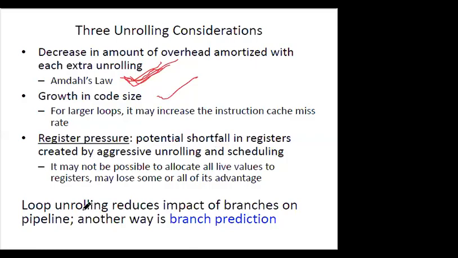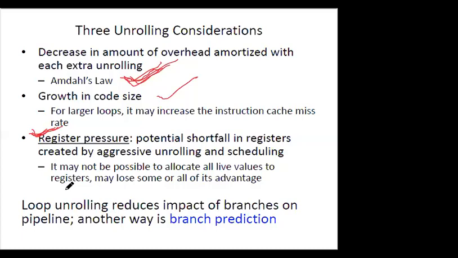So it has an impact or a pressure on the registers in the architecture. Loop unrolling reduces the impact of branches on the pipeline, but much of the branching cannot be handled by loop unrolling.